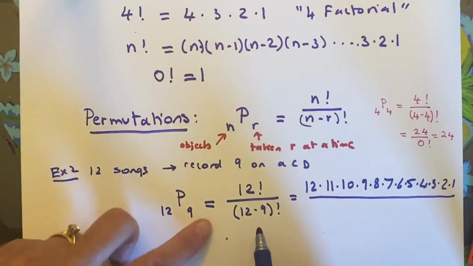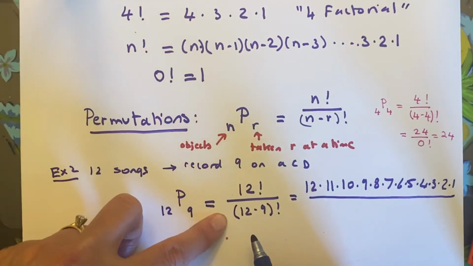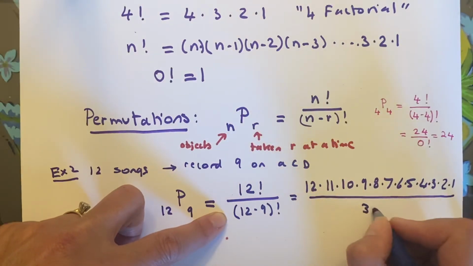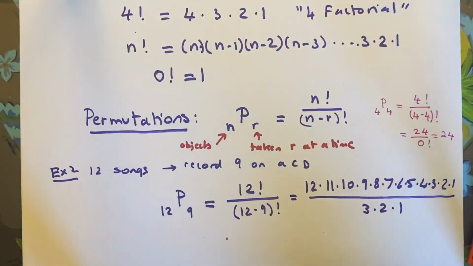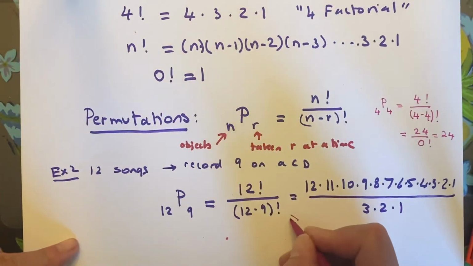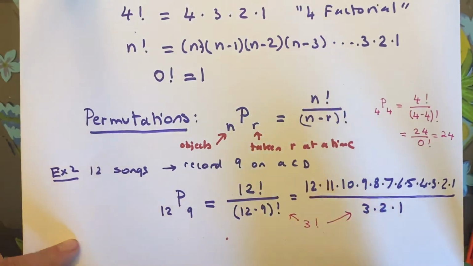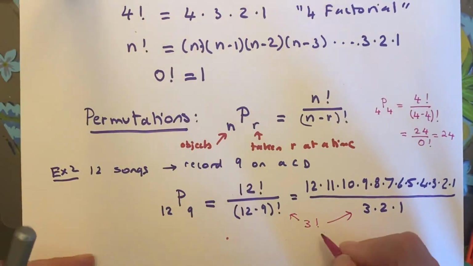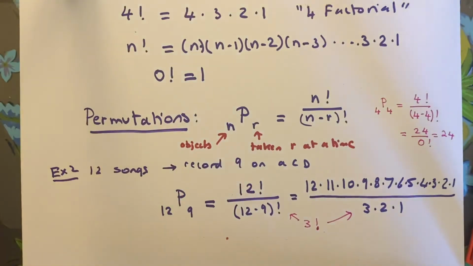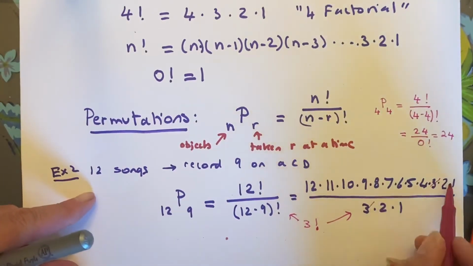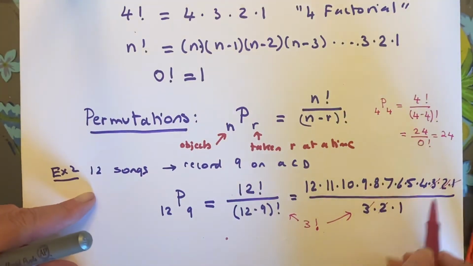Divided by 12 minus 9, which is 3 factorial, right? And 3 factorial is going to be 3 times 2 times 1. Once you've done that, you can see that you can cancel the 3's, and you can cancel the 2's, and you can cancel the 1's.